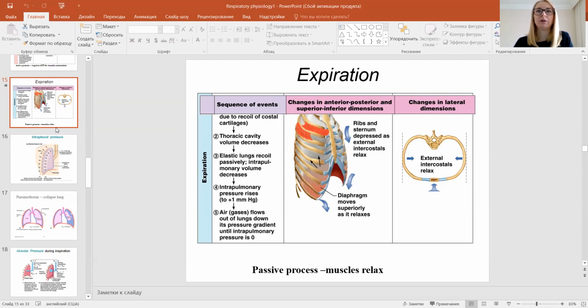In case of forceful expiration, as I said previously, accessory expiratory muscles are being involved, and in this case, all the pressure gradients can increase 2-3 times more. So once again, let's repeat what is the sequence of events in case of expiration.